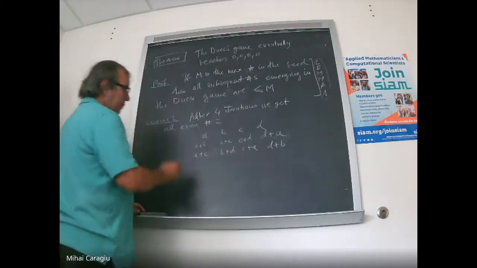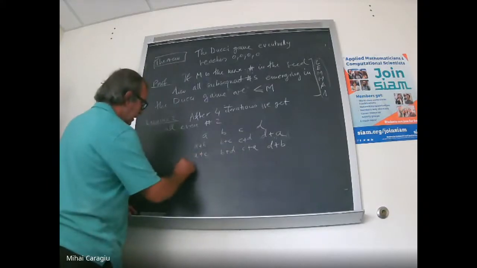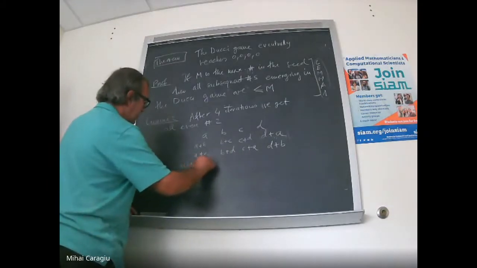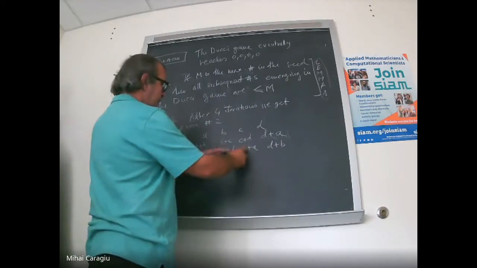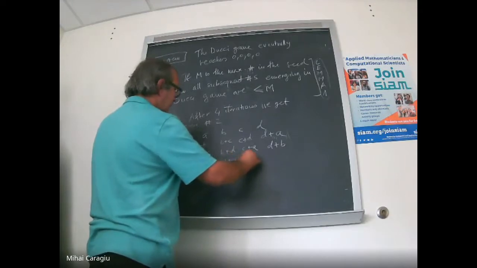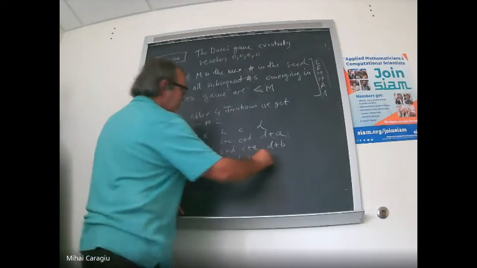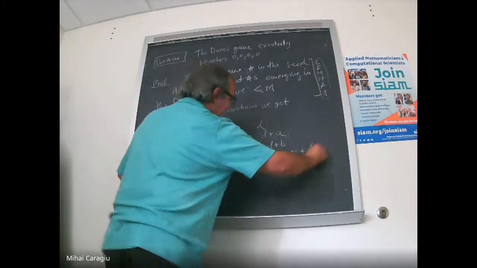Okay? One more time. Here I get A plus C plus B plus D, that is A plus B plus C plus D. Next, A plus B plus C plus D, the same, in every position.